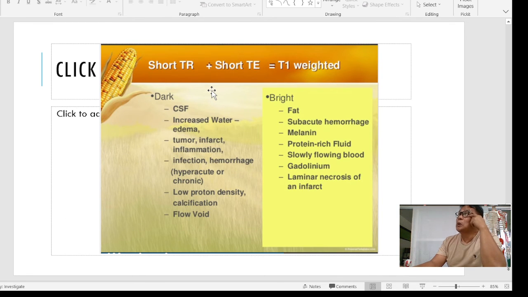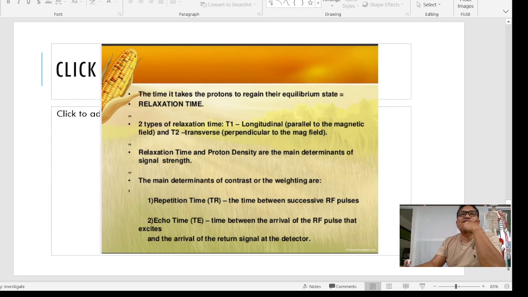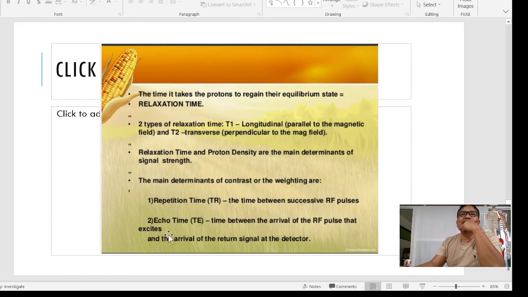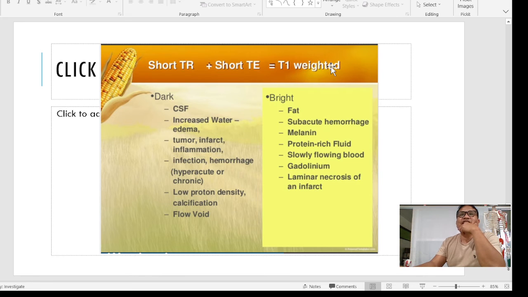So, sa short T1, so na short TR, which is, what is TR? Repetition time. And short TE, what is TE? Echo time, that is T1 weighted.